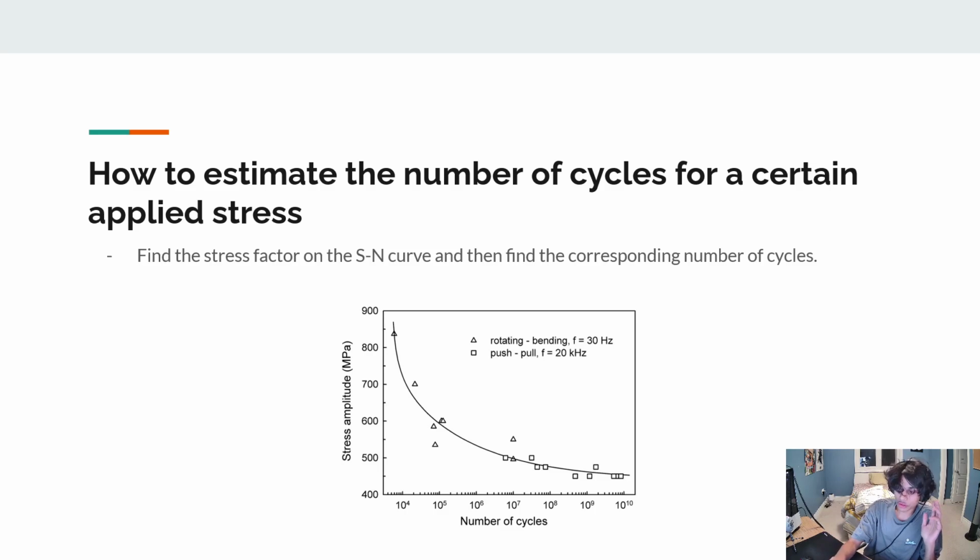So all I'm going to do is look at where 600 is, see where that intersects with the curve, and go straight down, and as I can see, it's somewhere around 10 to the 5. Obviously, that's not exact, but you get the idea. It's pretty straightforward, and that's the basic idea when it comes down to estimating the number of cycles for a certain amount of applied stress.